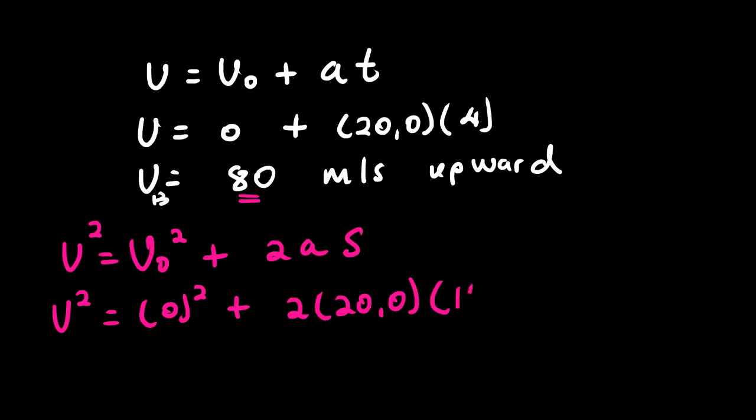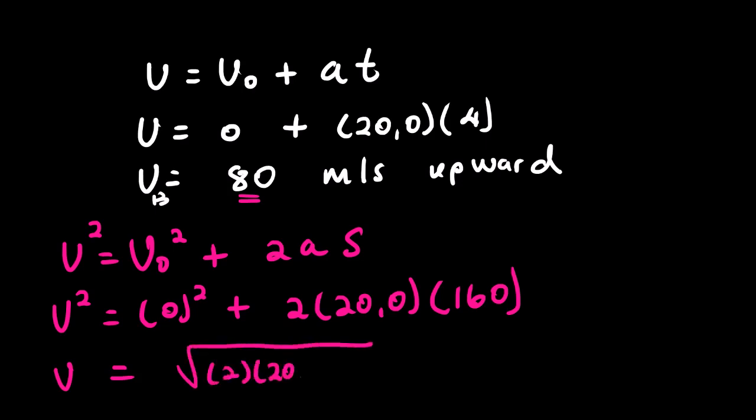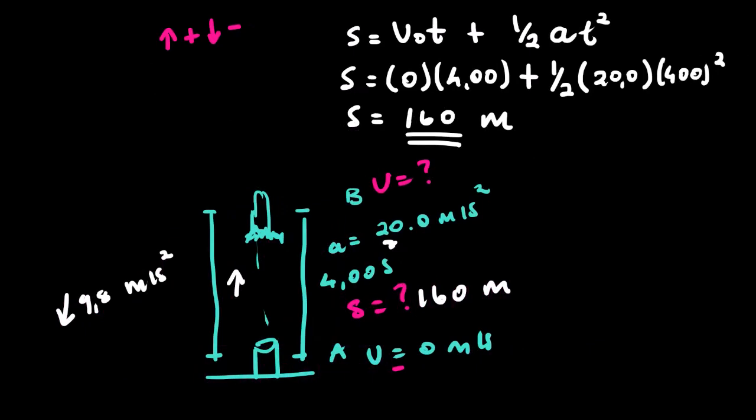Our displacement is 160, the calculated one. And then we are going to take the square root of this, which is 2 times 20.0 times 160. Indeed, we get 80 meters per second. So here we have our velocity as 80 meters per second.